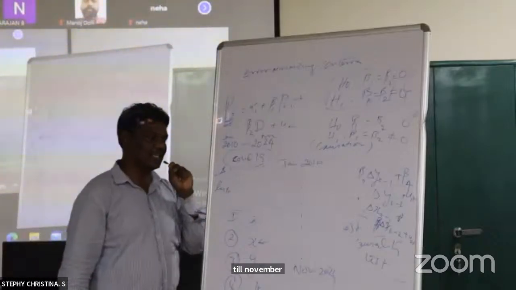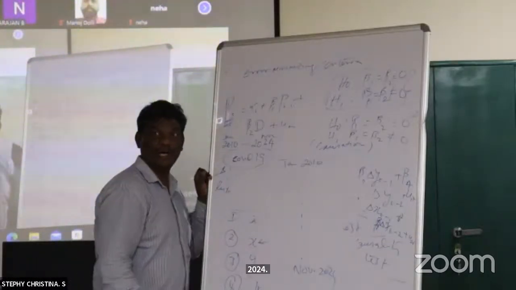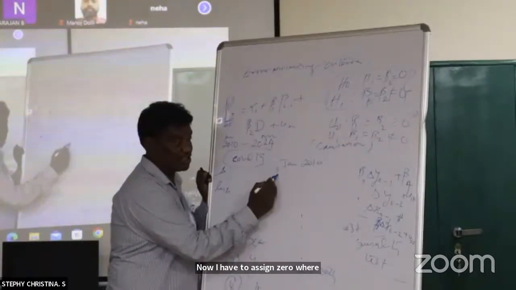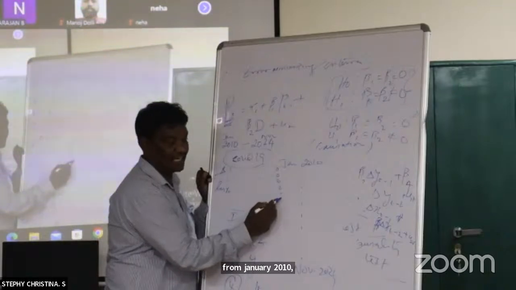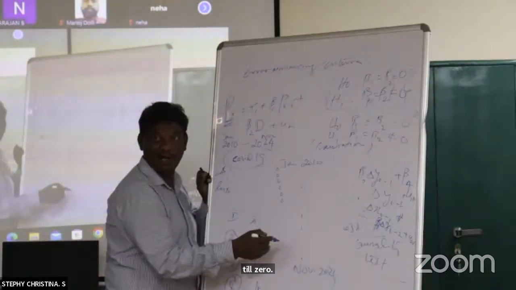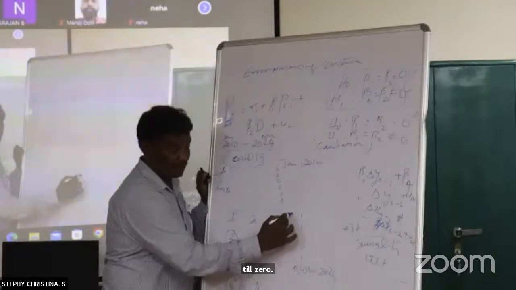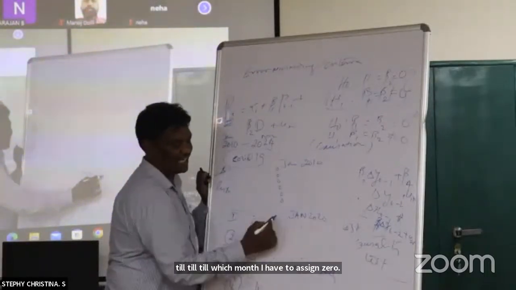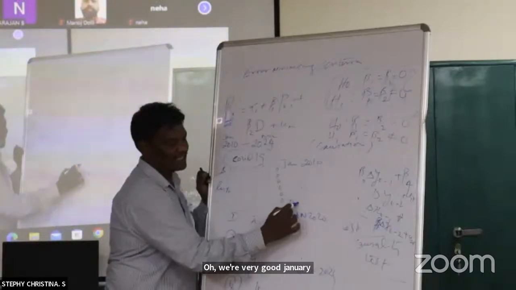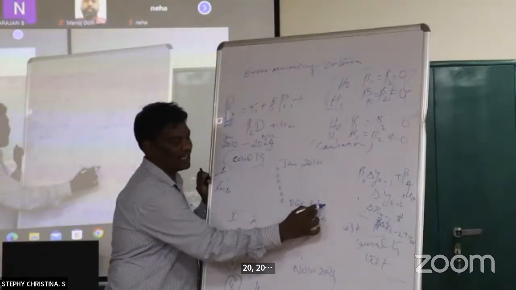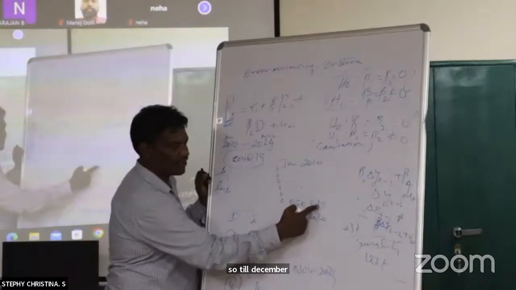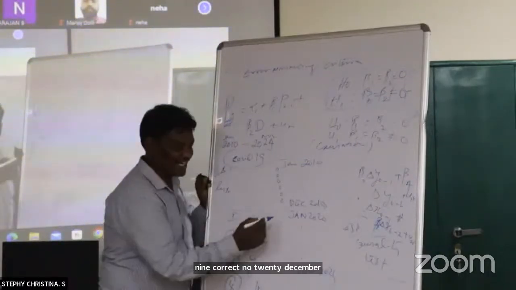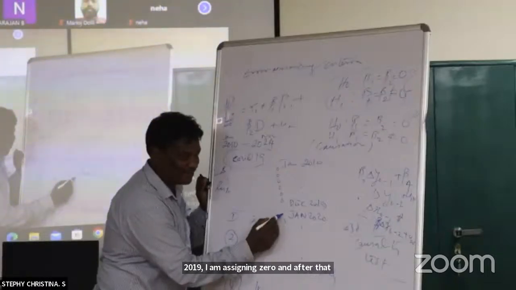Now I have to assign 0 from January 2010 till which month? COVID, very good, January 2020. So till December 2019, I am assigning 0. And after that, I am assigning 1.